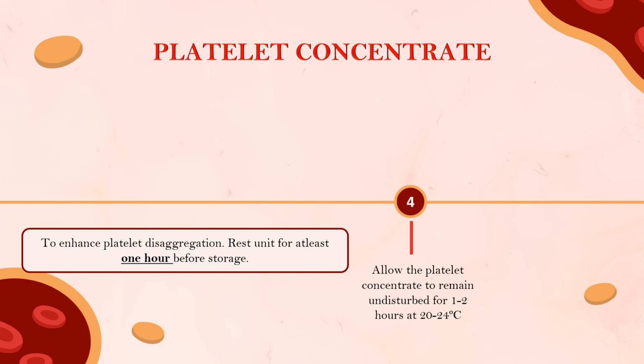So that's exactly why, class, platelet concentrate units must be left undisturbed for at least 1 hour at room temperature before storage in order to enhance platelet disaggregation. So that is an effect from the two-step centrifugation process.